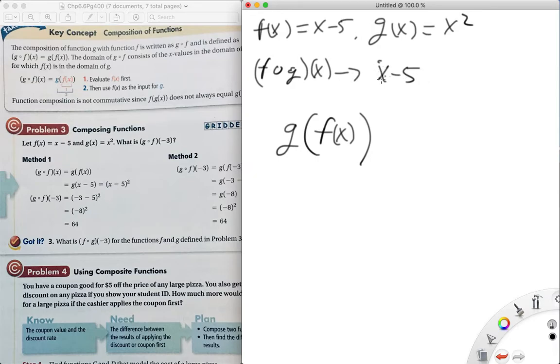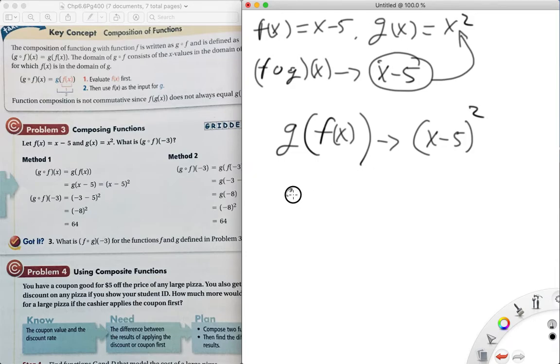Then you're going to put f of x inside of x squared, inside of g of x. So g of x is x squared, right? We're going to replace x with x minus 5. So it's going to be x minus 5, replacing that with x, and then we're going to square that.